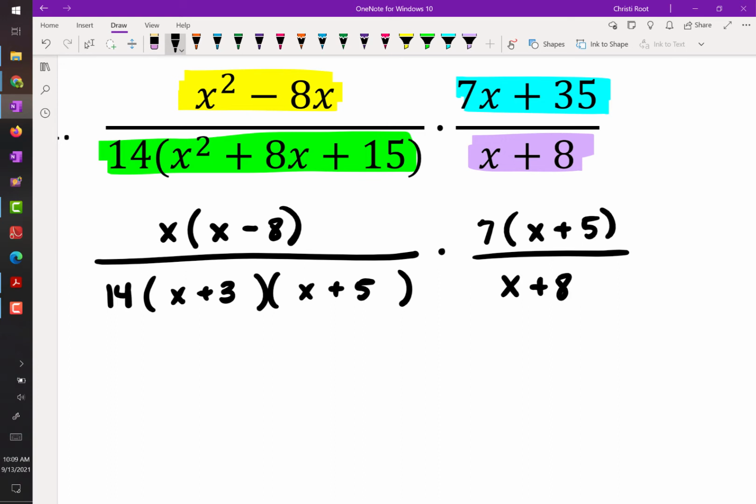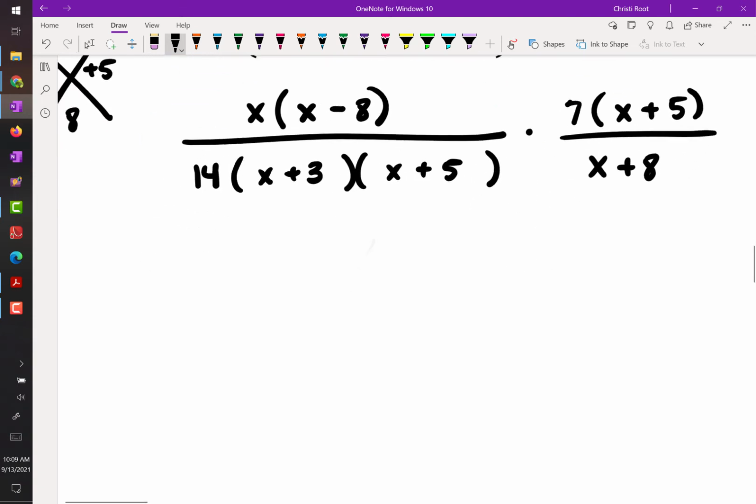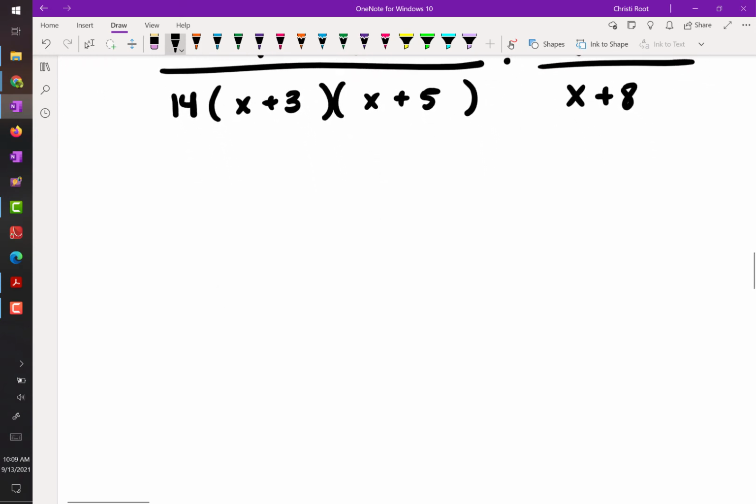Now, before I start doing that fun part of marking everything out, you need to look at the denominator. Remember, x's create excluded values. Only the x's. So that 14 is safe. That doesn't create anything excluded. 14's 14. 14's not going to just turn into 0 for no reason, okay? But what about this x?